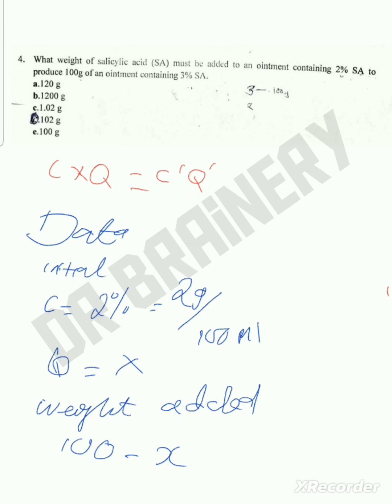Then 100 is the one that we produced. When we remove the one that we started with from the one that we produced, that is the weight that was added.